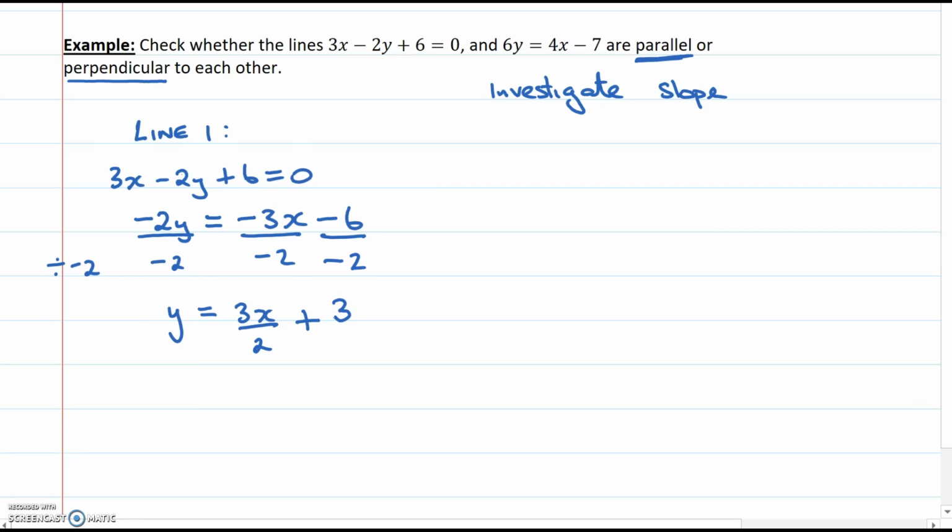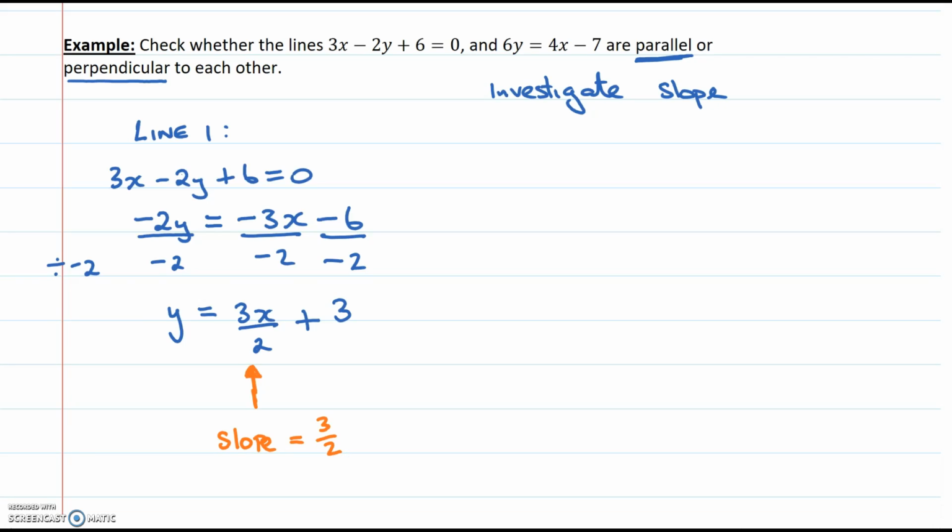Now that's the equation of the line written in slope-intercept form, but the only part we need is the slope. The slope is whatever is attached to the x. So the slope of that first line is 3 over 2.